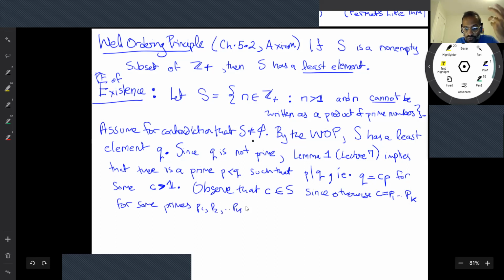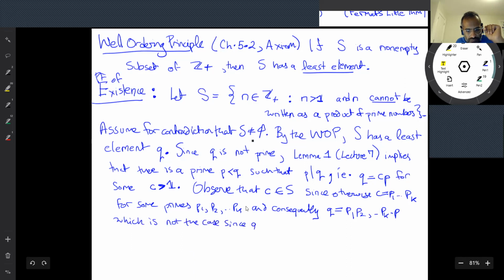And consequently, Q would then be equal to P1, P2, up to Pk times P, a product of primes, which is impossible since Q is in S. So C is in S, but now what's the problem?